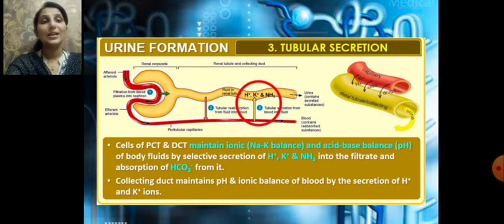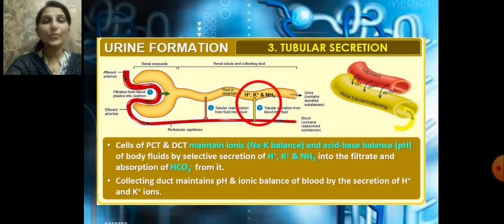Last is tubular secretion. Cells of the PCT and DCT maintain the ionic balance, that is the sodium and potassium electrolyte balance, and the acid-base balance, that is the pH of the body fluids, by selective secretion of H+, K+, and ammonia into the filtrate and absorption of bicarbonate from it.